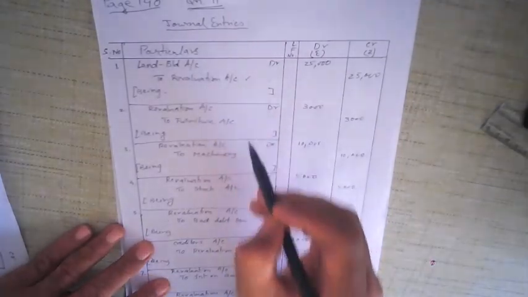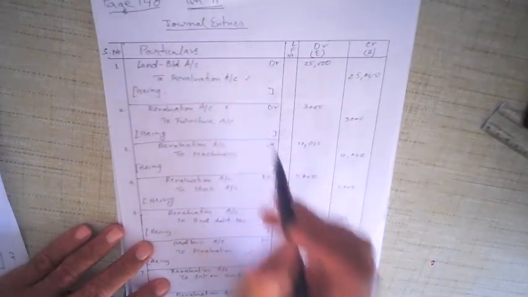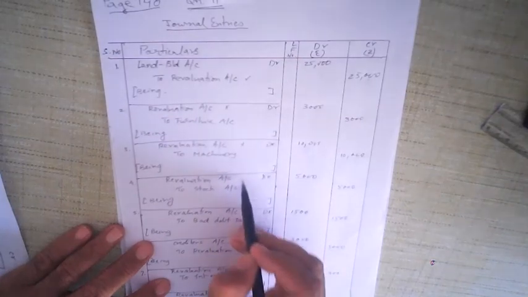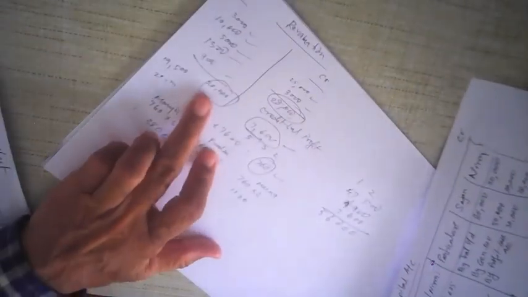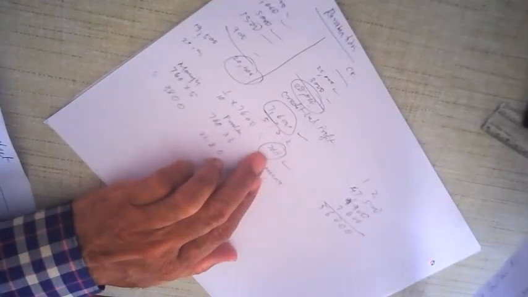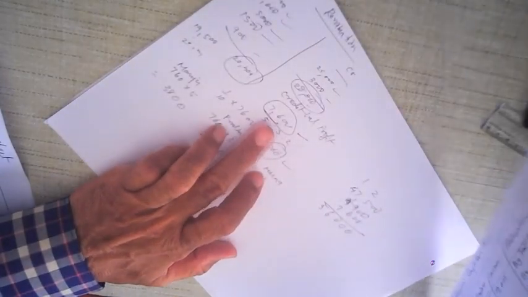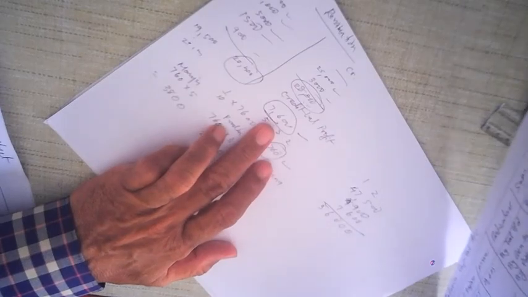Look at the debit side now: revaluation on second, third, fourth and 5. Their total was found to be 20,400. The difference between debit and credit we found is 7,600, and that was a credit balance because the credit side was more, so that means there was profit. So revaluation account shows the profit of 7,600.